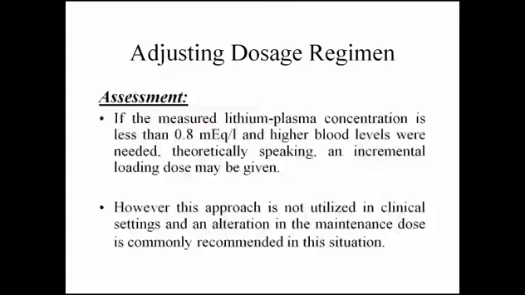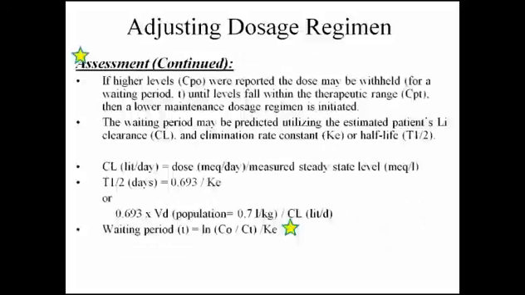So let's say we get a level. If we have a high level, we can start a new dosage regimen at a lower dosage, but we may stop the drug therapy for a day or 2 until the high level comes down.